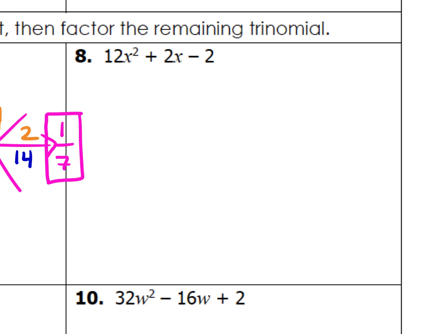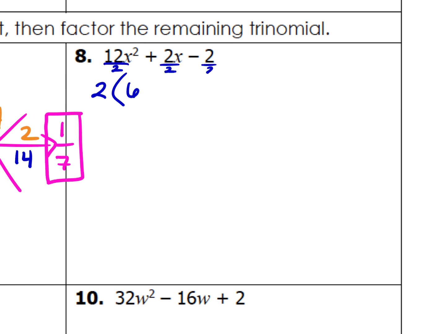David, did you find a GCF? You did not? Nick, did you find a GCF? I don't know. John did? What did you find for your GCF? 2? Anybody else find 2 for their GCF? Okay. So if we factor out a 2, we should be left with, so you're dividing by 2, right?